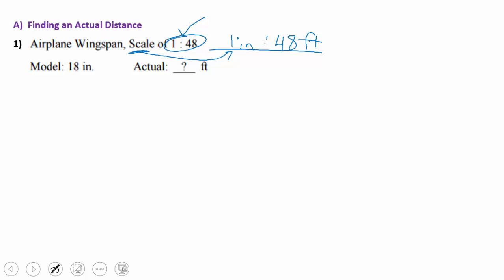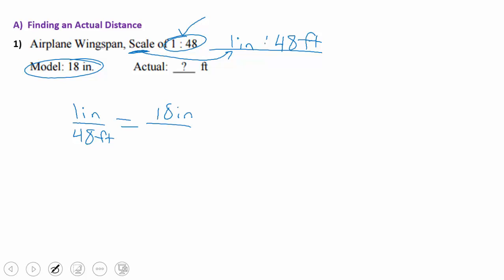It also said that these scale drawings and scale models are proportional to the actual. Remember, a proportion is two ratios that are equal. They wrote the first ratio for you: 1 inch to 48 feet. Then you take what's left. They told us the model, 18 inches. You always want inches to be consistent.